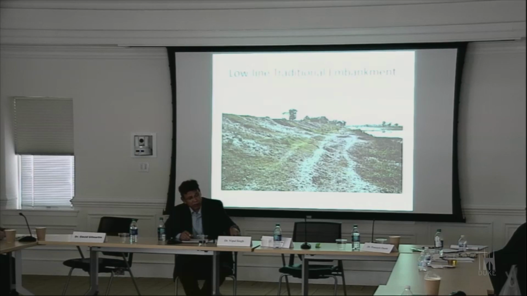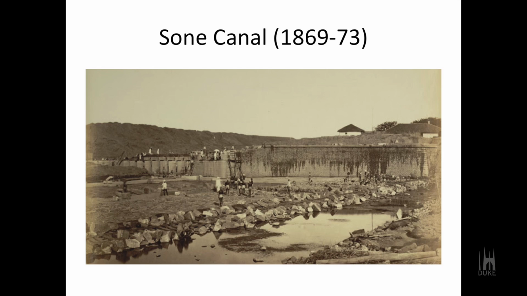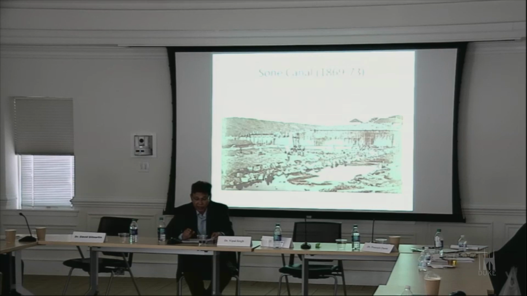The idea of the Son Canal construction was first proposed in 1853 by Colonel Dickens, to give further push to the irrigation of agricultural land, especially when they were now protected from inundation. Canal irrigation was planned to further enhance the revenue from cultivation and to tax the irrigated land.